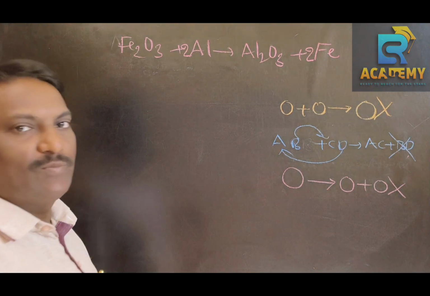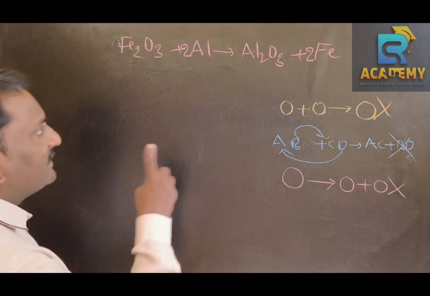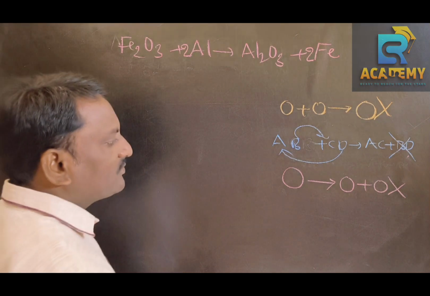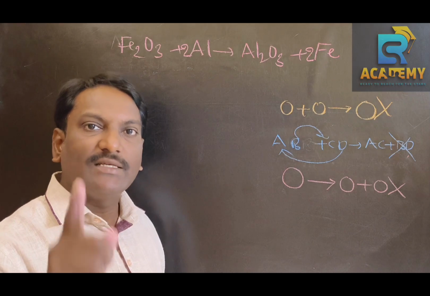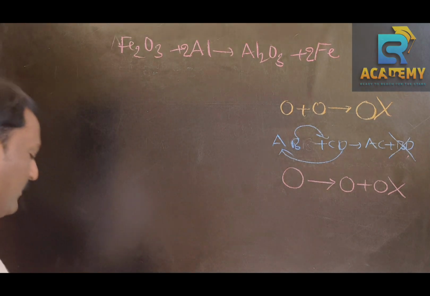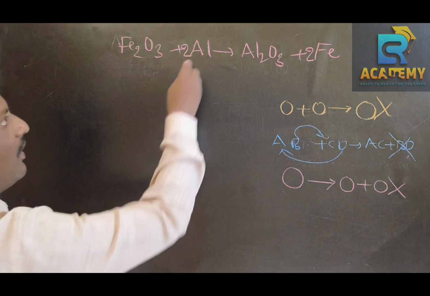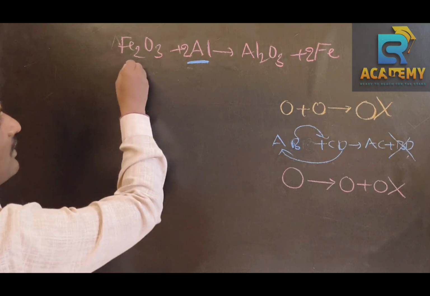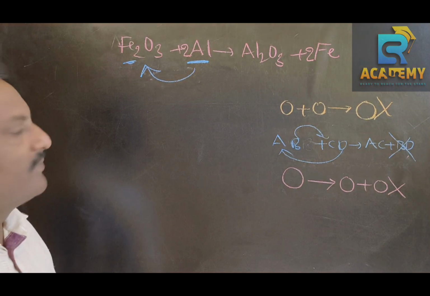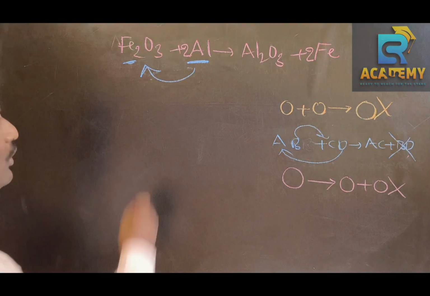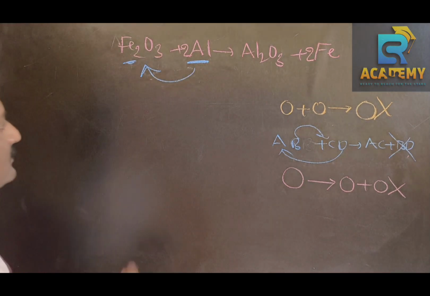The remaining option is displacement reaction. What is a displacement reaction? Displacement reaction means a highly reactive element displaces a less reactive element. Here, iron is replaced by aluminum because aluminum is more reactive than iron.